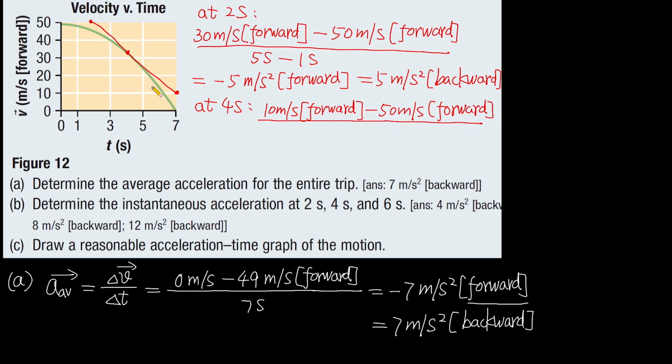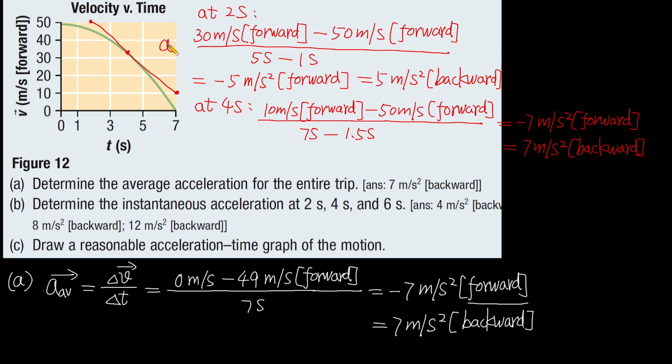And the time interval is here 7, here is around 1.5, with 7 seconds minus 1.5 seconds. And this equals negative 7 meters per second squared forward. And equals positive 7 meters per second squared backward. So this is at 4 seconds.